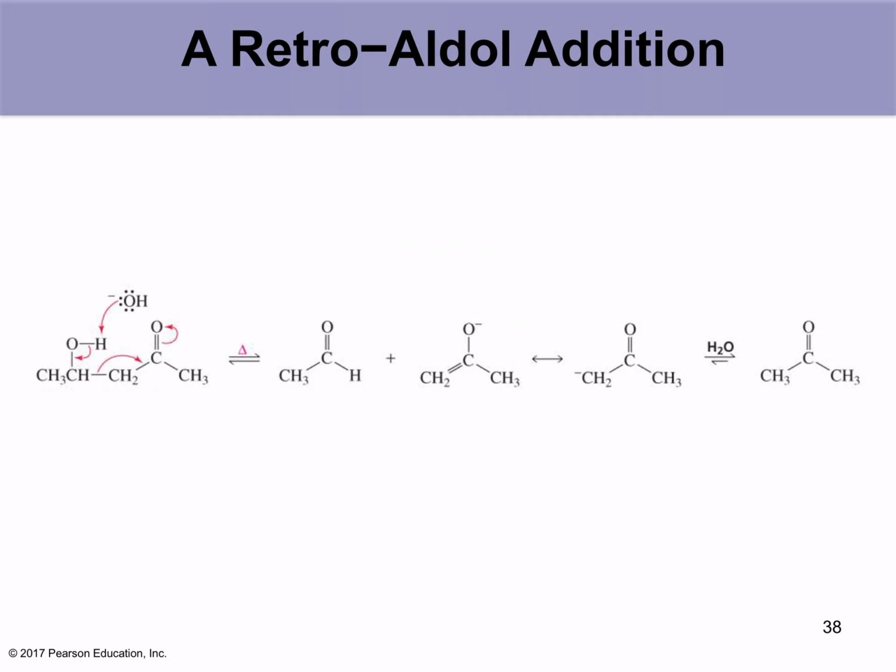A retroaldol addition is, if you have a beta hydroxyketone or beta hydroxyaldehyde after the aldol addition, we can get back to our starting material. Retro means reverse. So how does that happen? Again, this can happen in a basic medium.